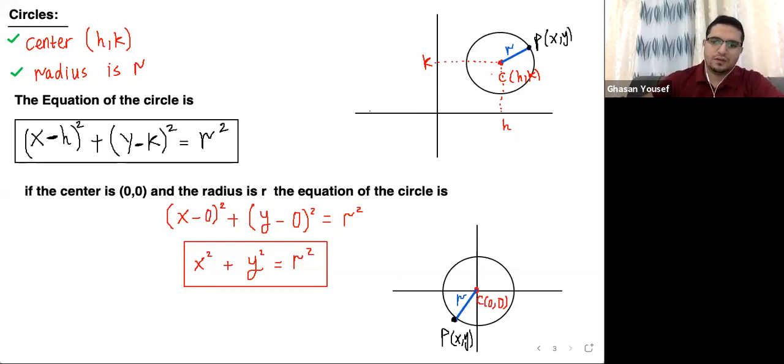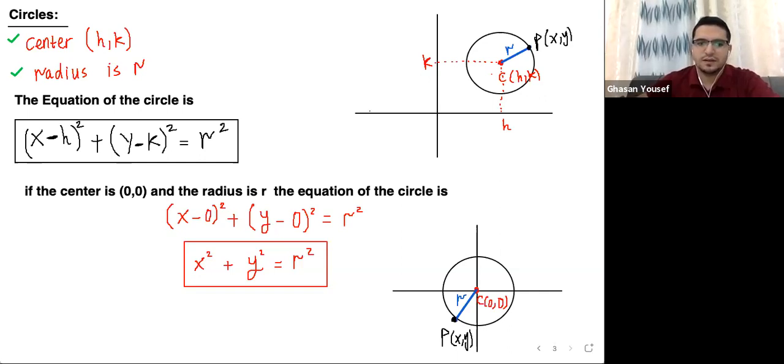Now, I'm going to give you an example. What does P stand for? P is a point, the end point of the radius. Natasha, the P here is like the end point of the radius.